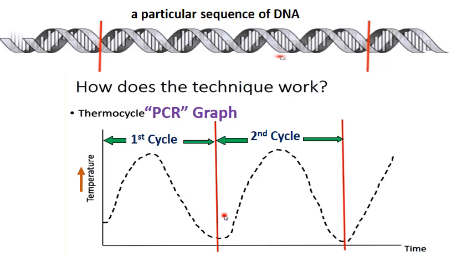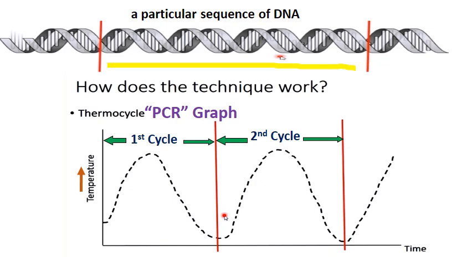As illustrated in the figure in front, we want to amplify or obtain multiple copies of a particular sequence of that DNA, which is limited between two red lines.